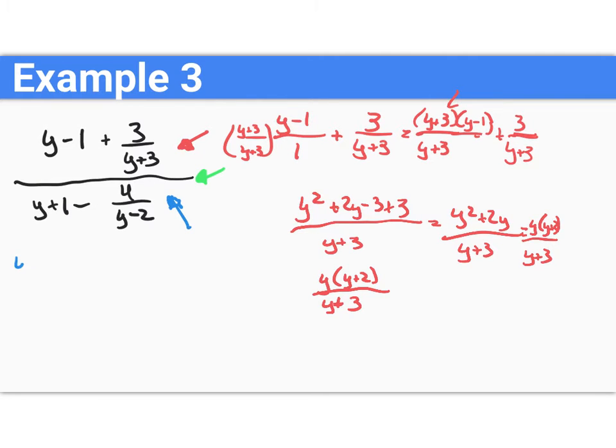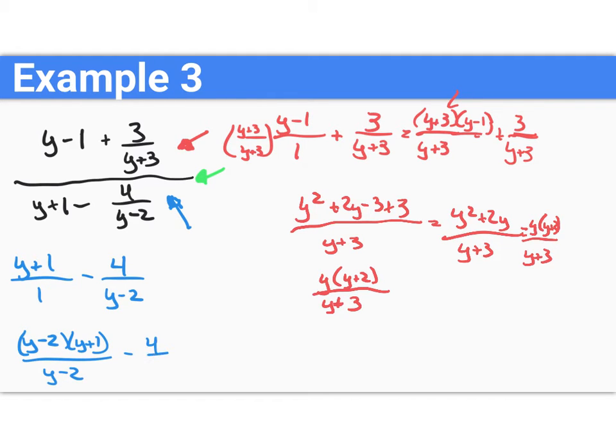You get y plus 1, you put it over 1, minus 4 over y minus 2. Our same bottom is y minus 2. So you get y minus 2 times y plus 1 over y minus 2 minus 4 over y minus 2.